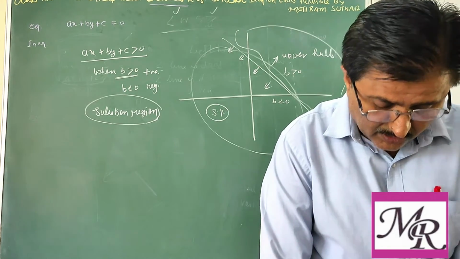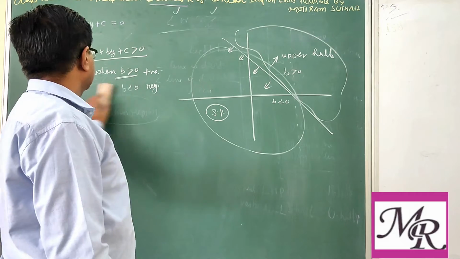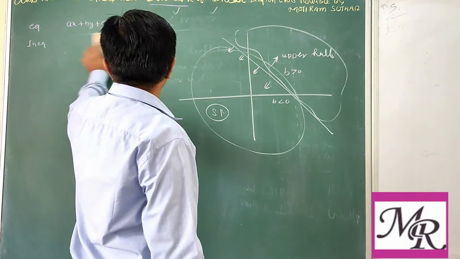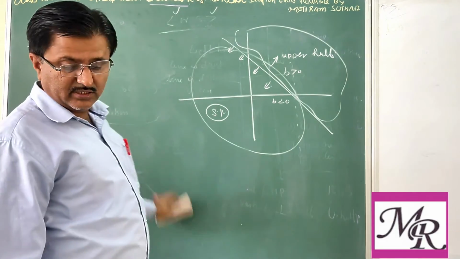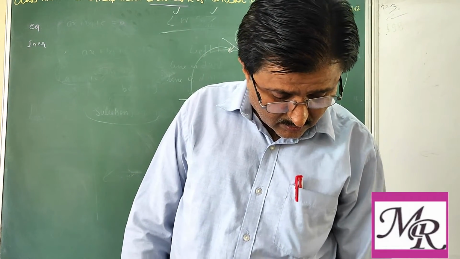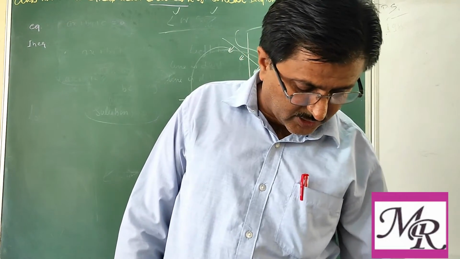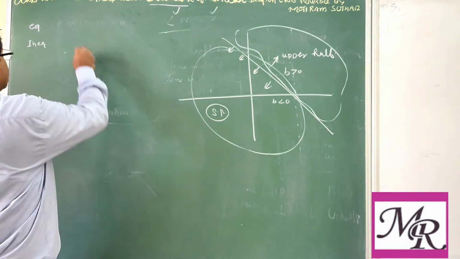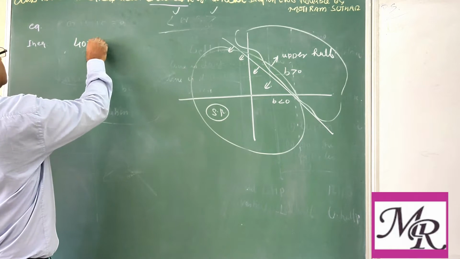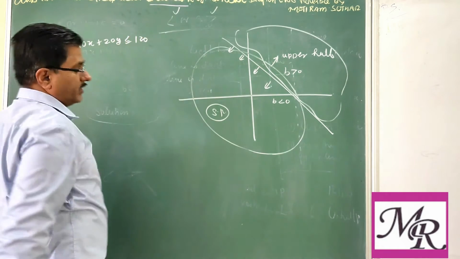Clear? Now suppose we take one example, a word problem we have already discussed, whose equation is in the form, like in section 6.2, 40x plus 20y less than or equal to 120.